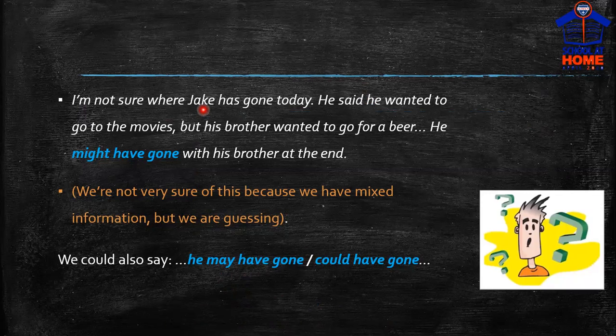He said he wanted to go to the movies, but his brother wanted to go for a beer. He might have gone with his brother in the end. In here, we are guessing, okay? We are not sure about this, but we are guessing the information, okay? We could also say he might have gone or he could have gone, okay? Because we are assuming that.